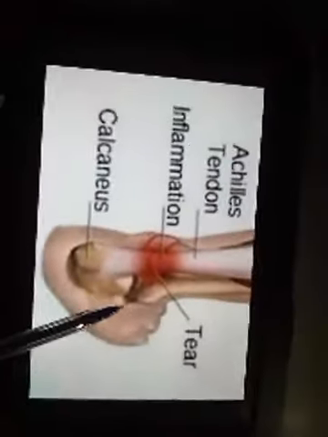Okay, I'm sure we can appreciate this condition. I'm sure with the pictures we won't forget about it, and we'll be able to tell many people about this condition. So this is how far we have come with Achilles tendinitis. I'm sure that we've learned a lot.